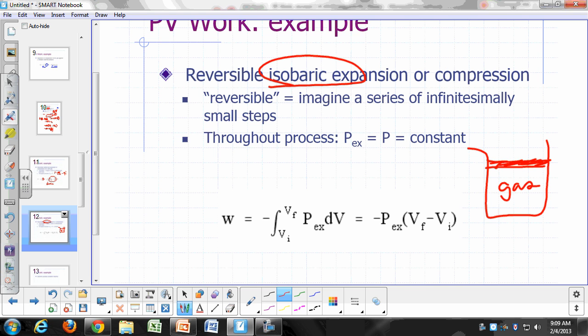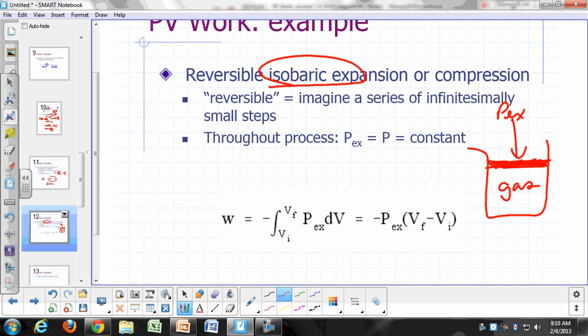How can we get a gas to expand while the pressure is being held constant? Heat it up, but you put a movable piston here. So even when you're heating it up, you can get it to expand. So your external pressure is constant.